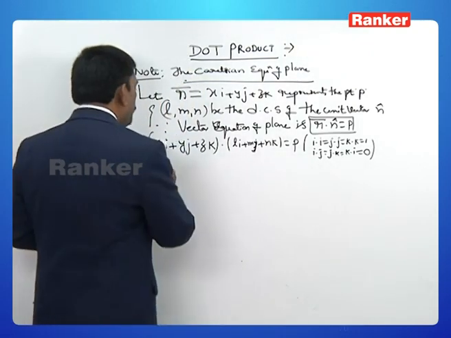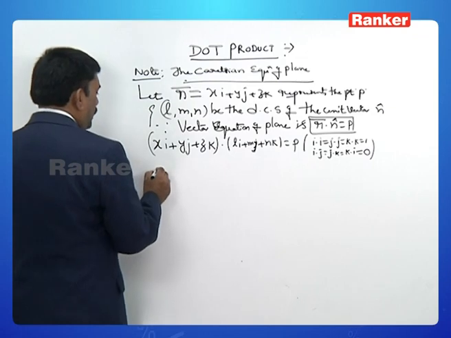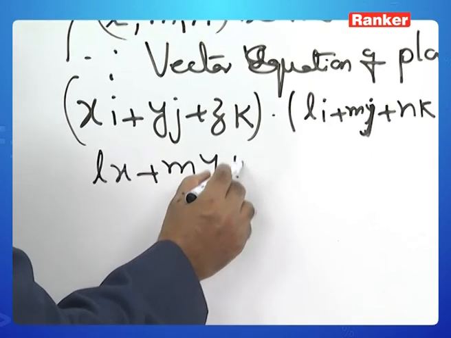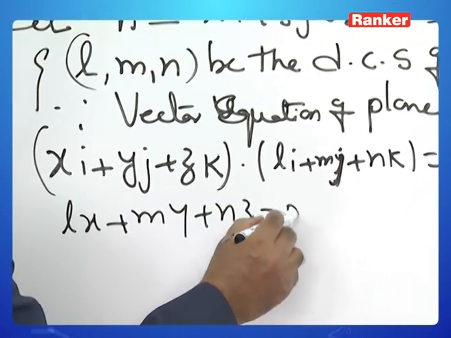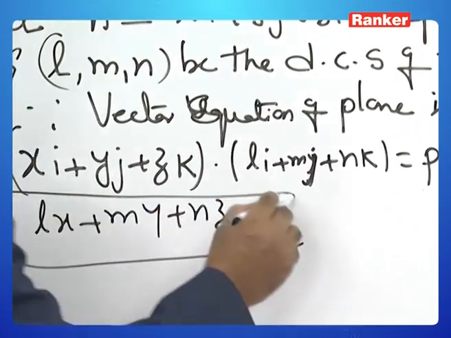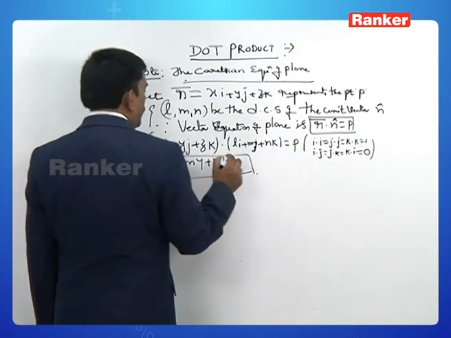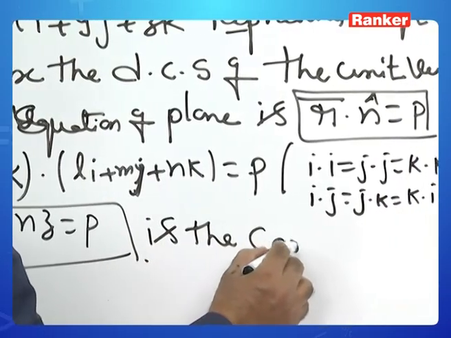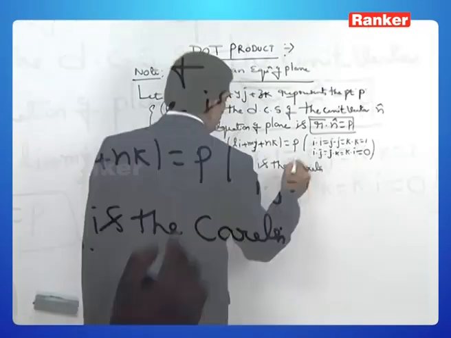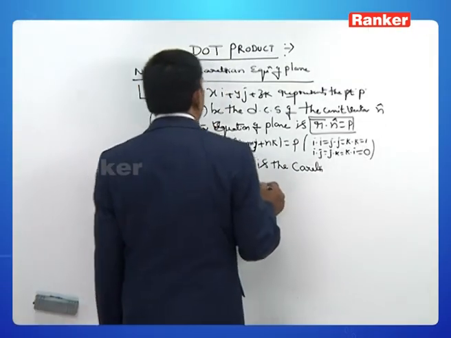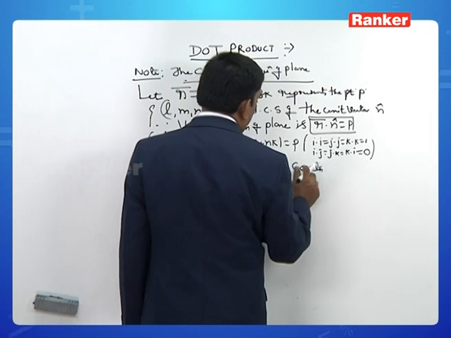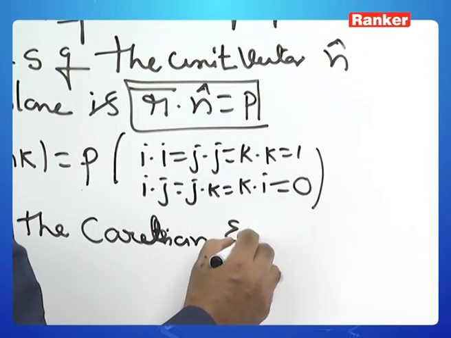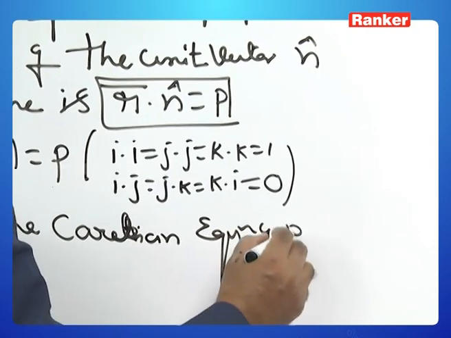So therefore, you take the dot product. Yes, lx plus my plus nz is equal to P. Now this is the Cartesian equation of a plane.